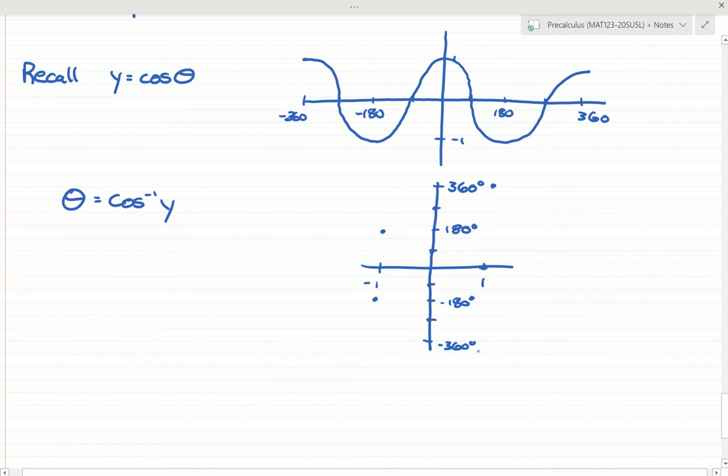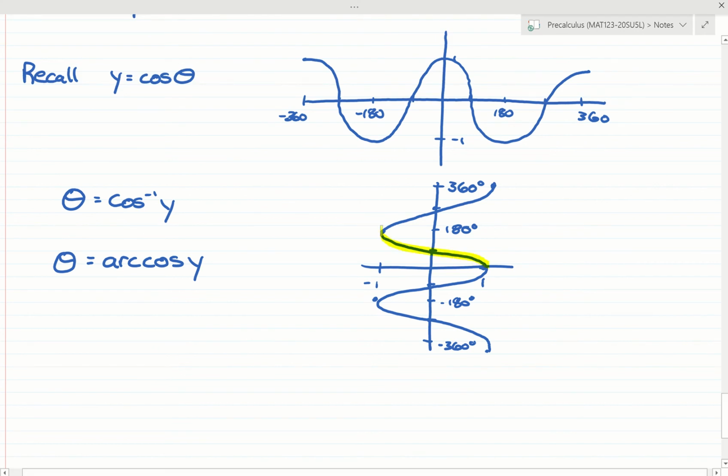All right, so let's see if I can graph this. Something like that. And you could see that that's also clearly not a function because it fails the vertical line test. So if we wanted to force it to be a function, we could restrict the range values. We could let theta be the arc cosine of y, and then we could define the arc only on range values from 0 degrees to 180 degrees, just that little curve.